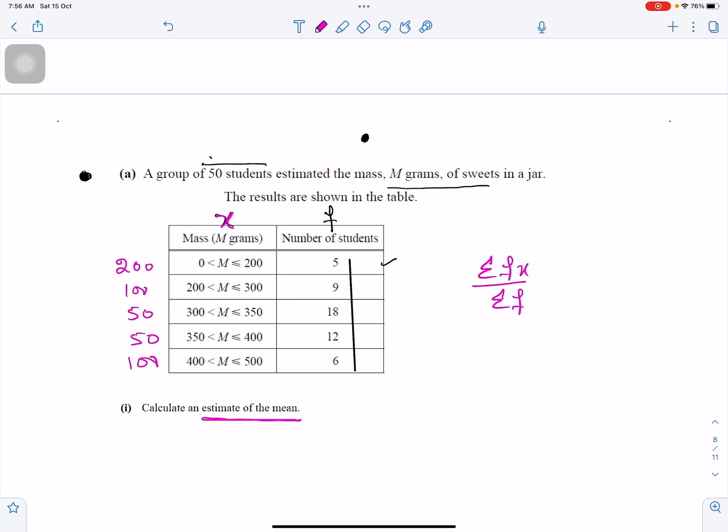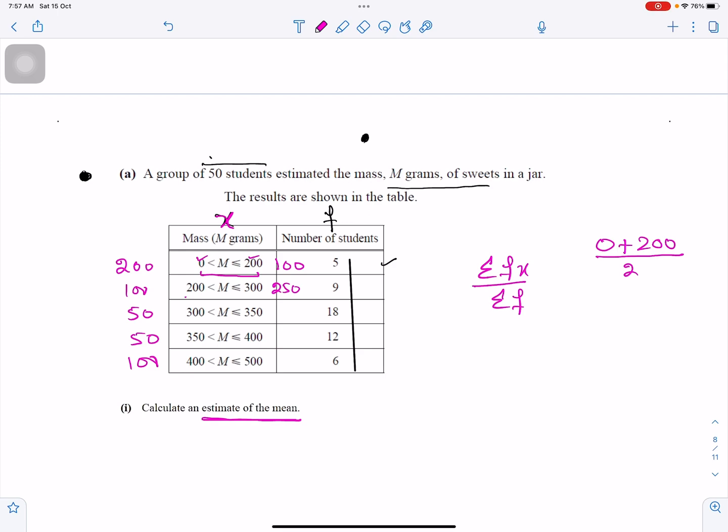Because we don't know, we take the mid value. How do you find out the mid value? You add up the upper and lower values given to you and divide by 2. So it is coming 100. In this case, the mid value of x is 100. Between 200 and 300, it's a very easy value, so you can calculate mentally. It will be 250.